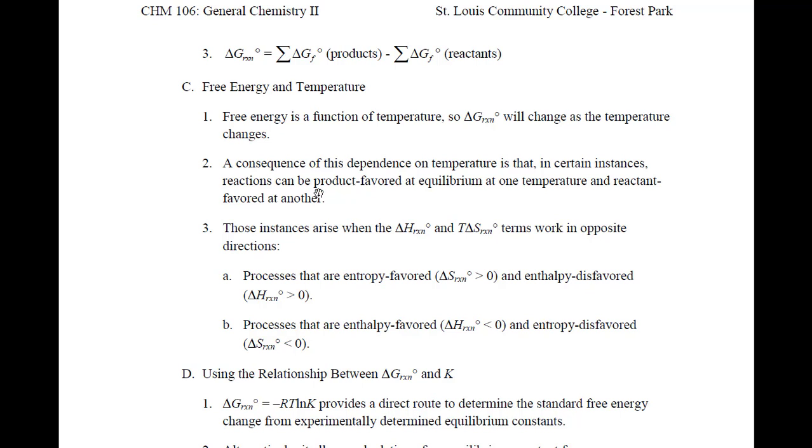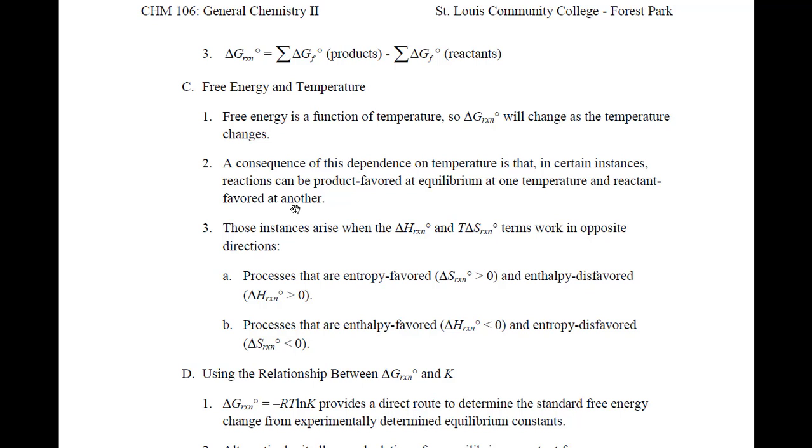And so, the free energy is a function of temperature, so the Gibbs free energy of reaction will change as the temperature changes. A consequence of the dependence on temperature is that in certain instances, reactions can be product favored at equilibrium at one temperature and reactant favored at another. That's why I kept emphasizing the temperature, that those Gibbs values are only good at a specific temperature.